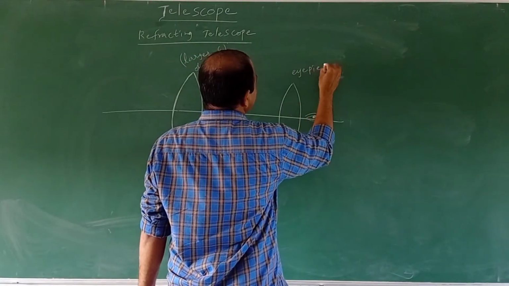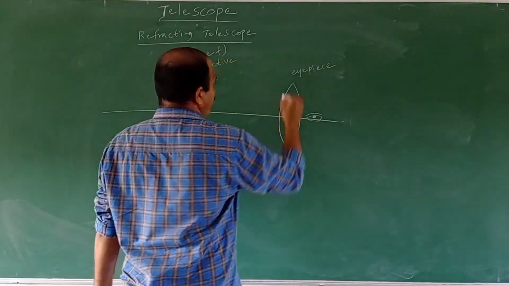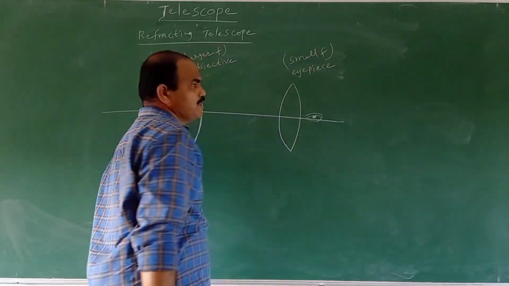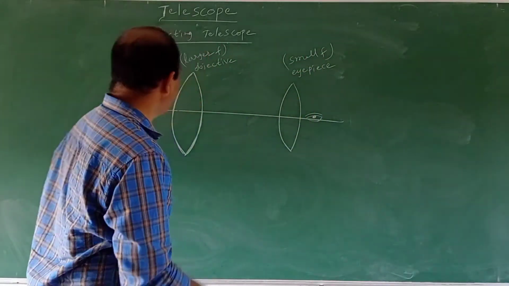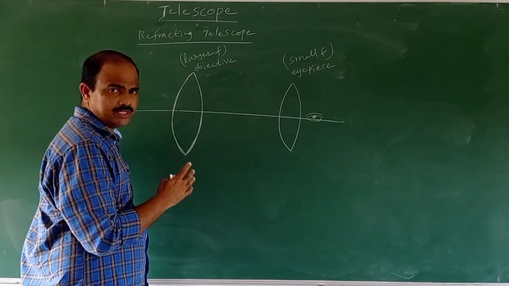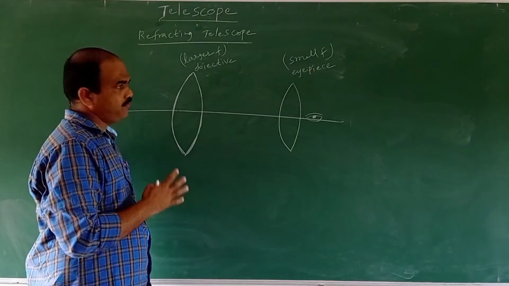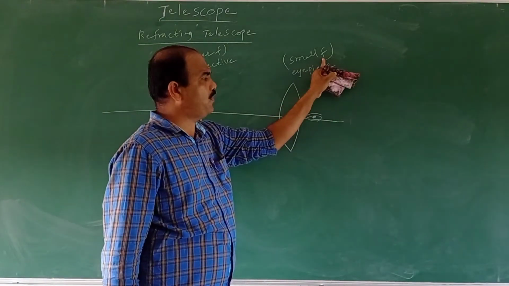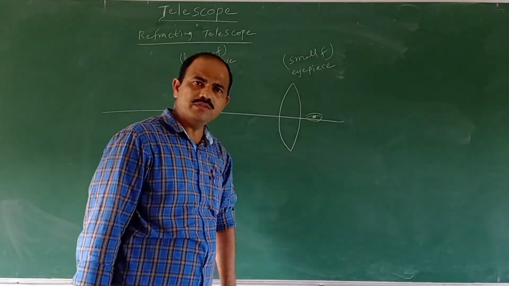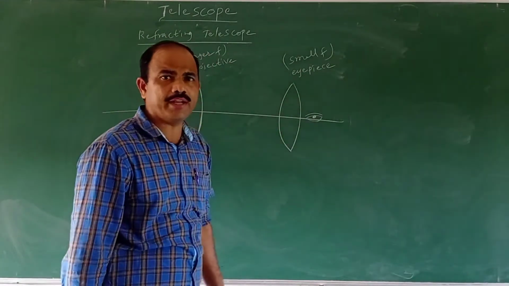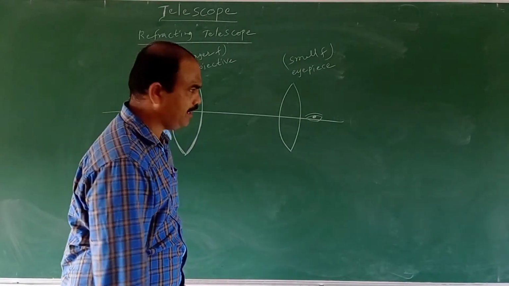It has a small focal length as well as a small aperture. The objective has a larger aperture and a larger focal length, but the eyepiece has a small focal length and a small aperture. They are arranged coaxially, one in another.